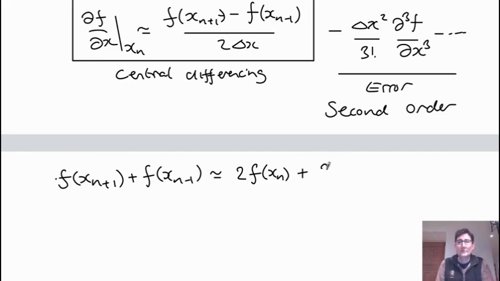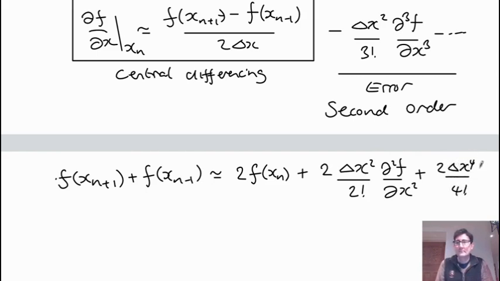So we have a 2, then we have a delta x squared, 2 factorial, d2f by dx squared. And the next term, the cubic term will cancel, so we just end up with a quartic term, so 2 delta x to the 4, and then d4f by dx4.